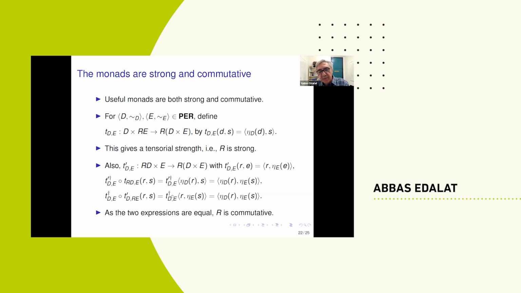Whereas if you look at the work of Mike Mislove and John, they need a kind of change of variables, Fubini's theorem for change of variables in multi-integration, to ensure commutativity of the monads.